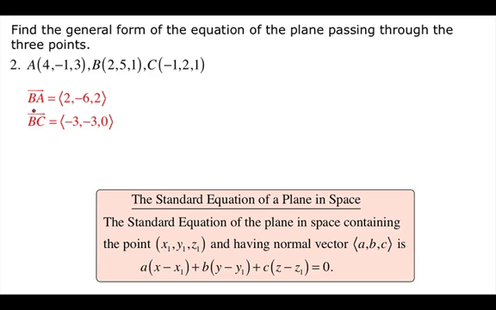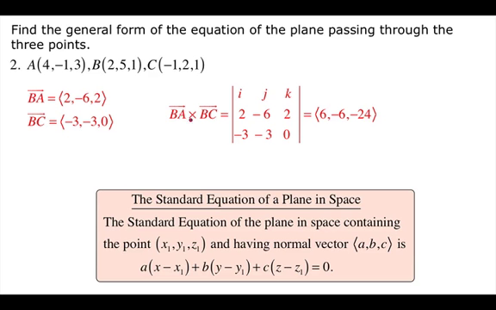Notice the same initial point. Once I have these two vectors, I find the cross product of them, and again I get a new vector, and as you may know, this vector is orthogonal to these two vectors, and these two vectors are in the plane that these 3 points are.